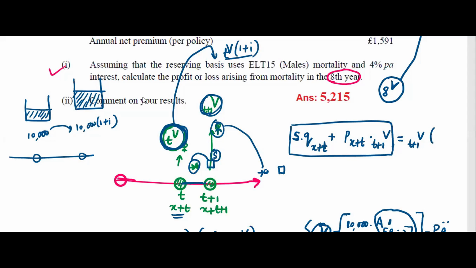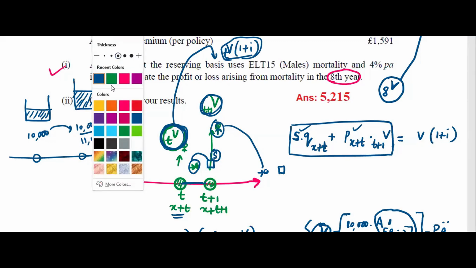If it's 10,000, probably it will be, suppose, 11,000. Now the reserve Vt that we kept, increased to this amount, will be sufficient to pay the sum assured if the person dies. If the person survives, you have to keep the reserve. So Vt into 1 plus i. This is the recursive relation of reserves.